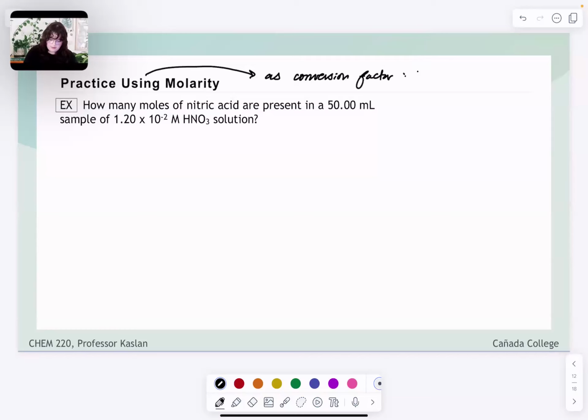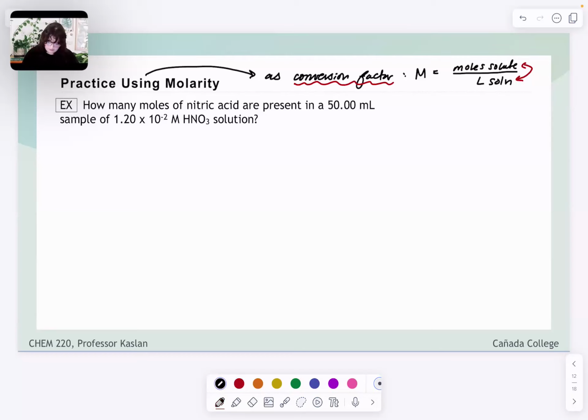So remember, molarity is equal to moles of solute per liters solution. So when we're talking about a conversion factor, we are using molarity as a known relationship that exists between moles and volume.